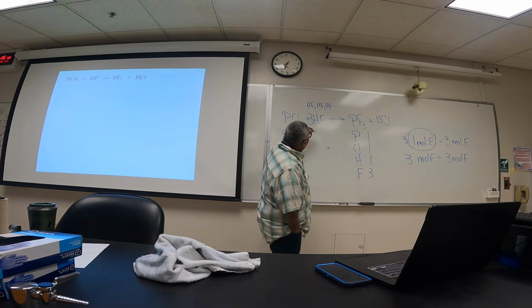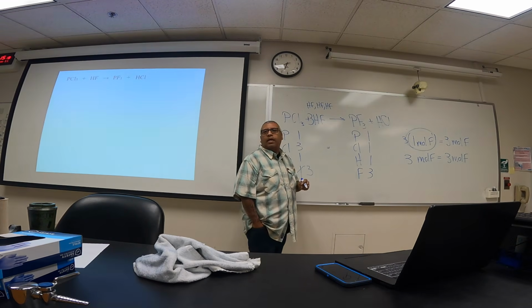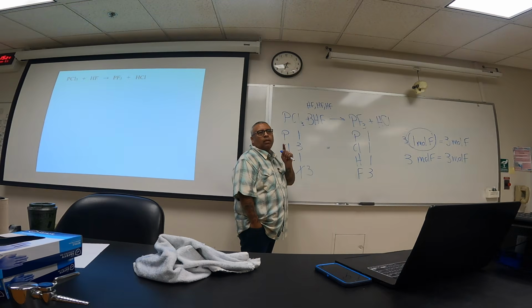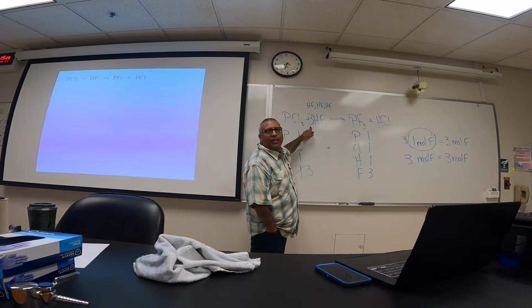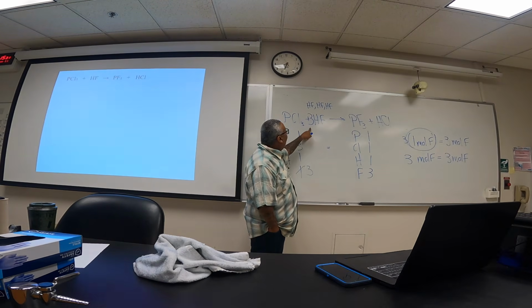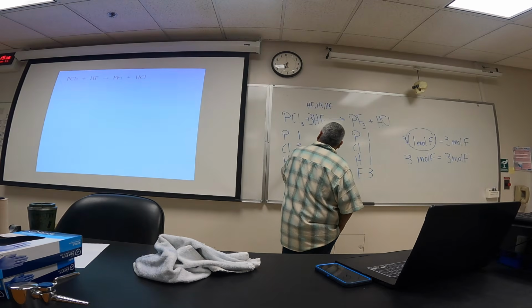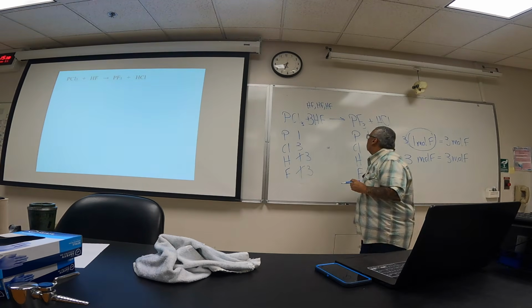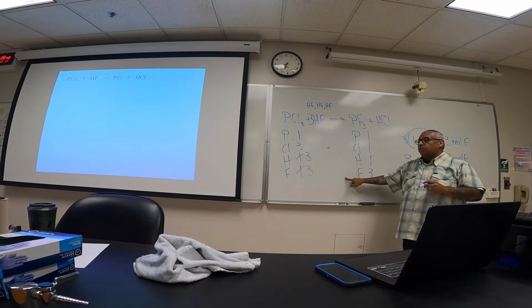So now that I have 3 moles of this, I'm going to update this side here and change that into a 3. But when I did this, I didn't just affect fluorine. What other element does this affect? Hydrogen. How much hydrogen do we have now? 3. So 1 phosphorus, 3 chlorine, 3 hydrogens, 3 fluorine.